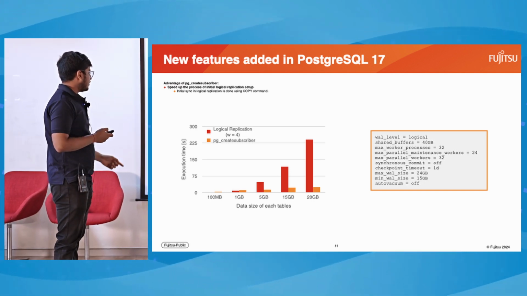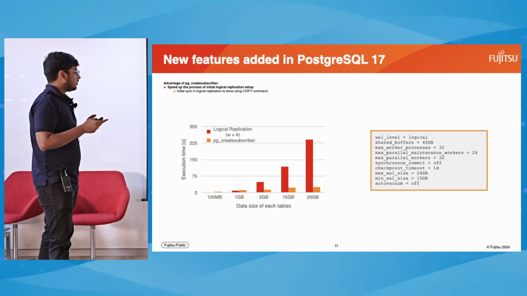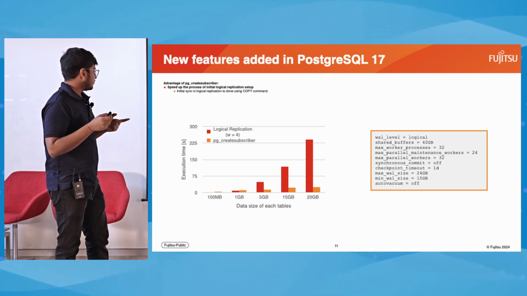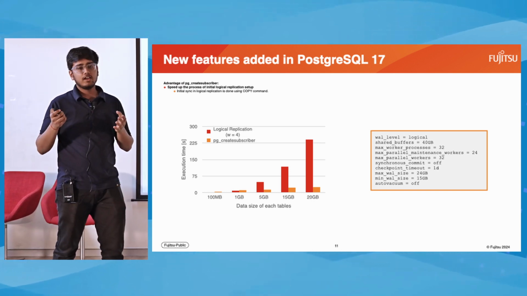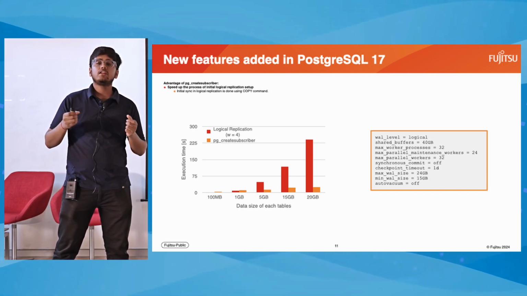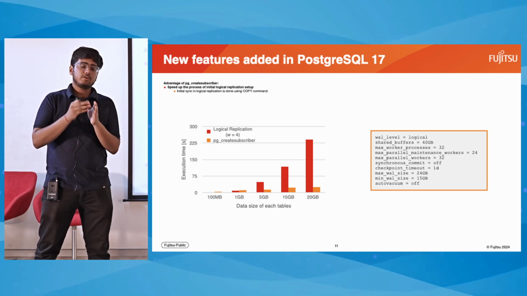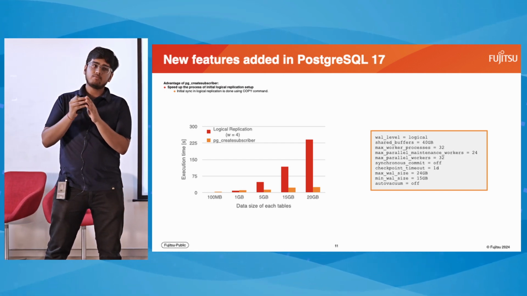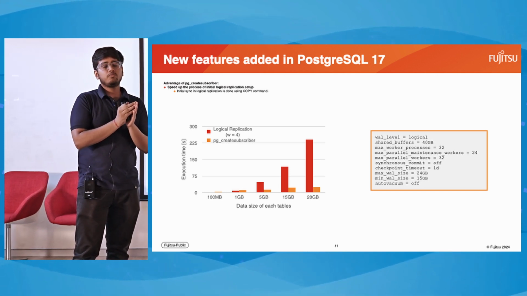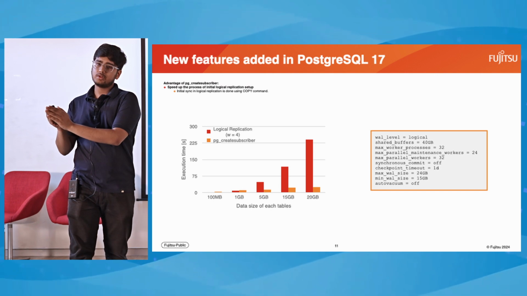Another advantage is that if we use PG Create Subscriber, then during the initial sync we would require less disk resources. Suppose we have a very large database and we set up logical replication. The copy command will run, and it will take much time to catch up. Now assume that in parallel the user is doing some operations on the database.